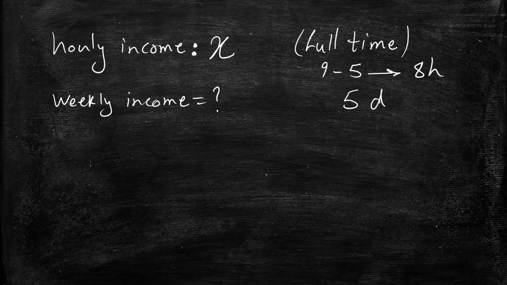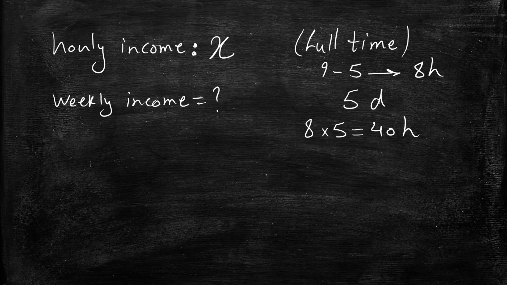So every day you work 8 hours, and every week has 5 working days, so 8 times 5, that's 40 hours of work in a week if you work full-time.